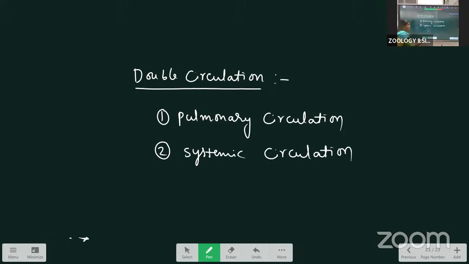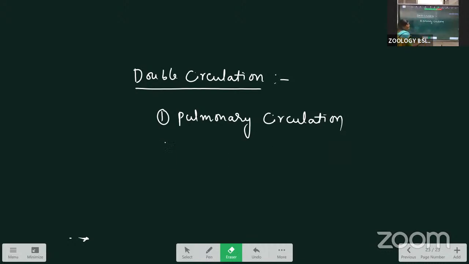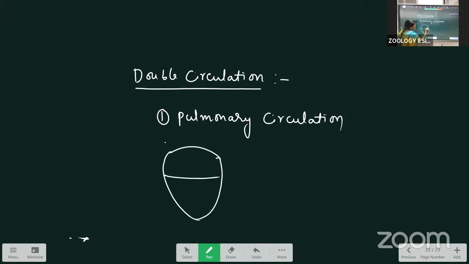First we are going to discuss the pulmonary circulation. For example, here this one is the heart. Next, here this one is the pulmonary arch.